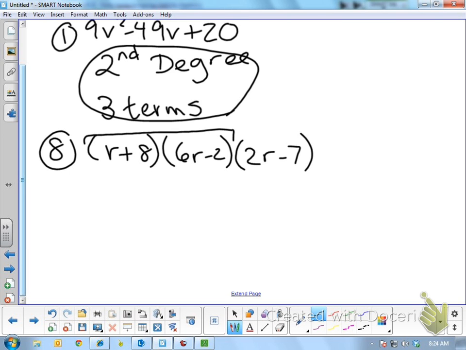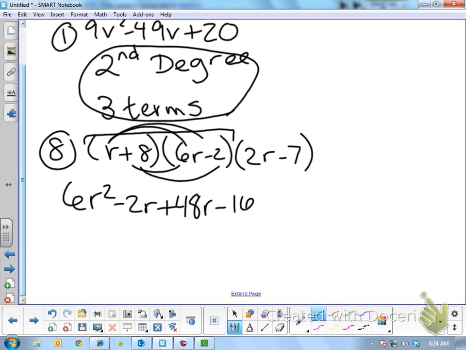So we know how to multiply 2 binomials together. It's the rainbow method. So we multiply r times 6r, 6r squared, r times negative 2, negative 2r, 8 times 6r, 48r, and 8 times negative 2, negative 16.